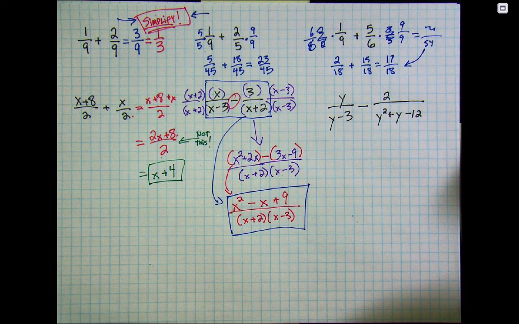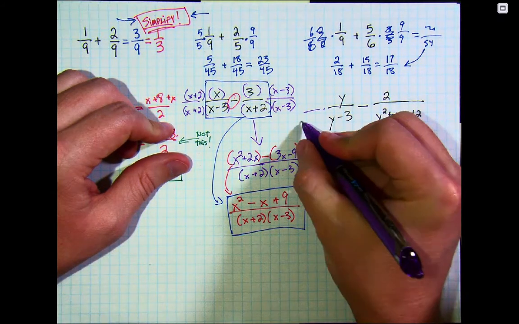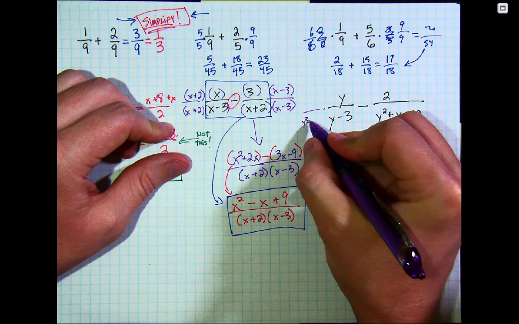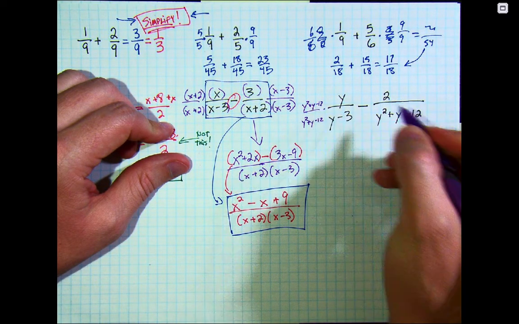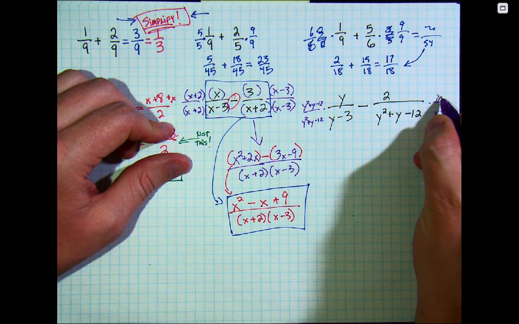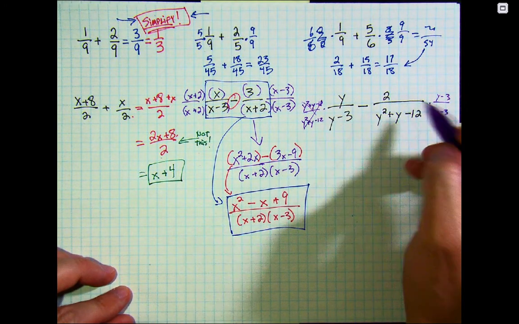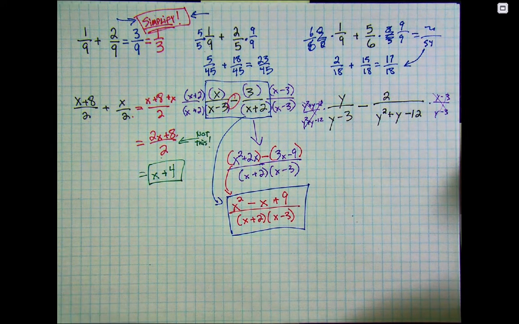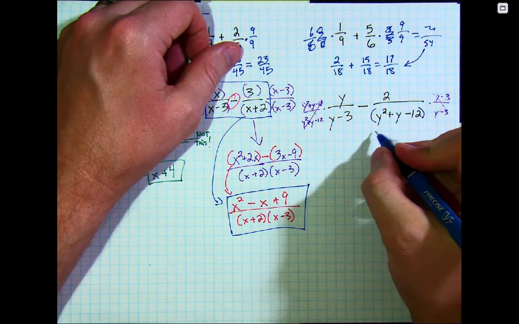Now I could just multiply this whole thing by y squared plus y minus 12 over y squared plus y minus 12. I could multiply this whole thing by y minus 3 over y minus 3, but I'm not going to do that. Why am I not going to do that? I'm not going to do that because this trinomial right here is factorable.